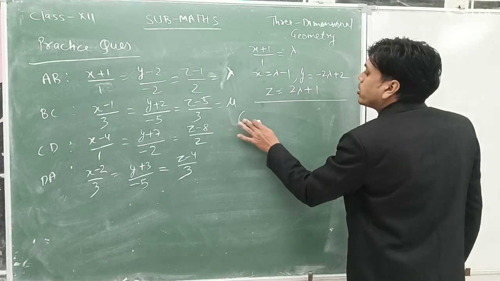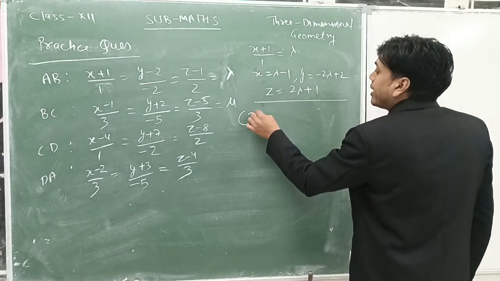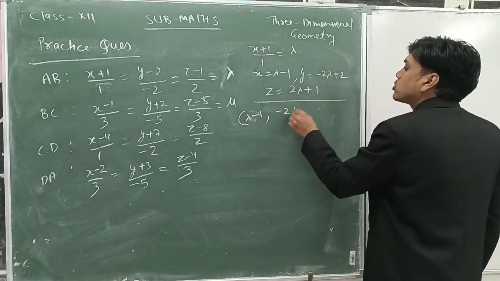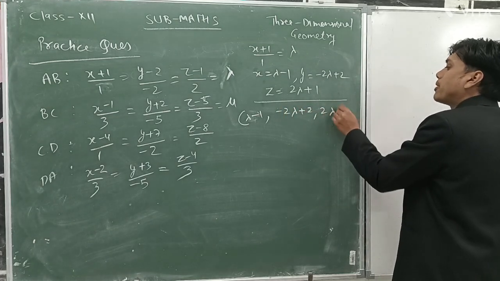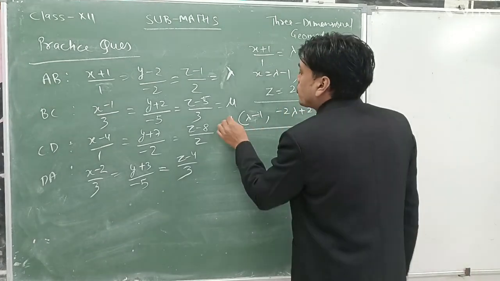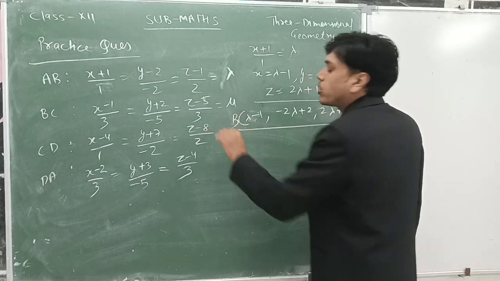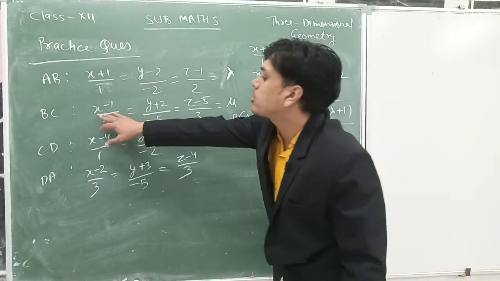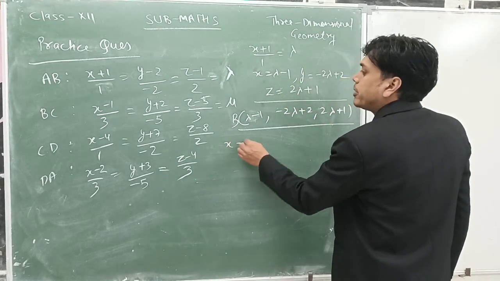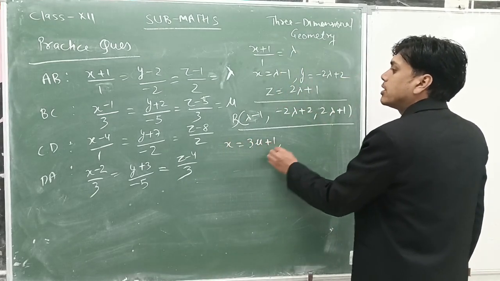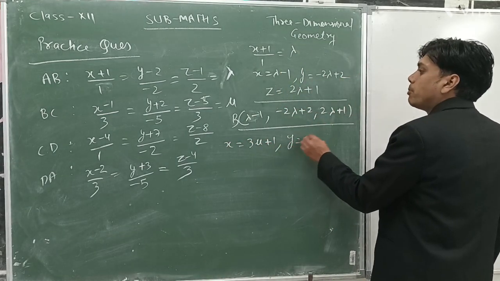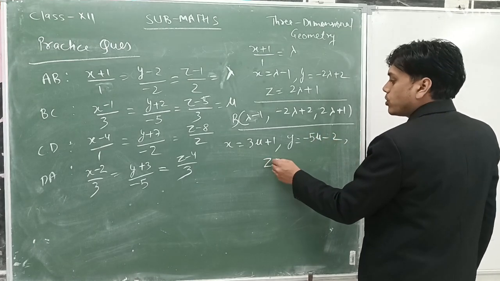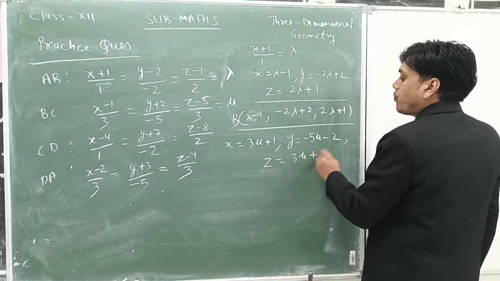So any point on line AB has coordinates lambda minus 1, minus 2 lambda plus 2 and 2 lambda plus 1. These are the coordinates of a general point. Let us say these are the coordinates of point B. Similarly, for BC, the value of x will be 3 mu plus 1, y is equal to minus 5 mu minus 2 and z is equal to 3 mu plus 5.